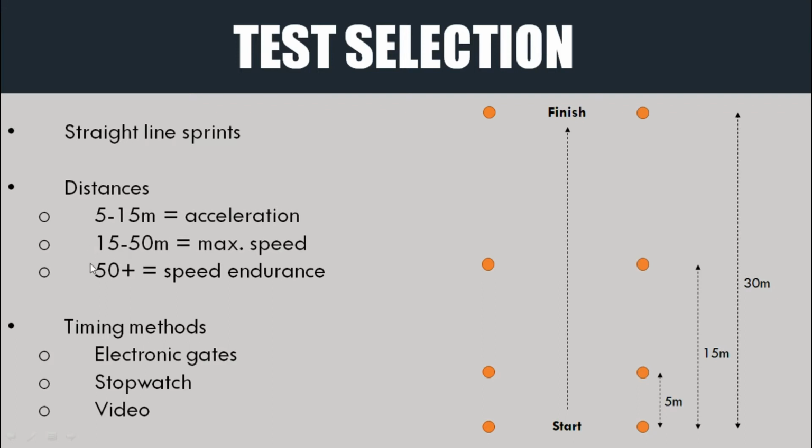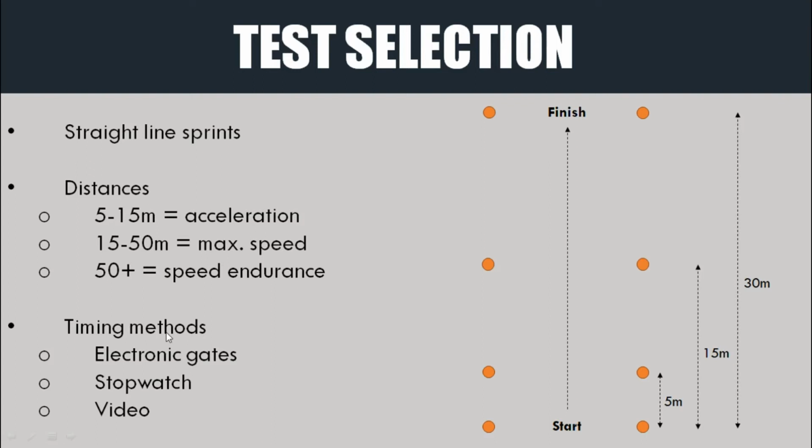Distances of around 15 to 50 meters is going to measure maximum speed or maximum velocity running, and then distances of greater than 50 meters is going to be measuring maximum speed endurance. So depending on what the athlete requires in their sport and what's most appropriate, we would choose distances of one of these sort of categories.